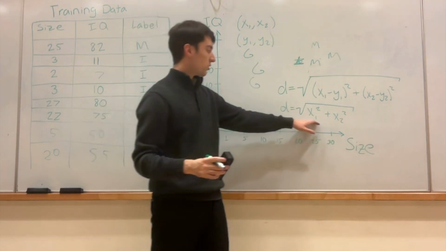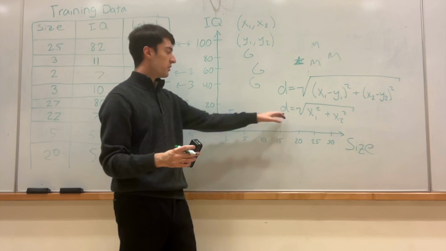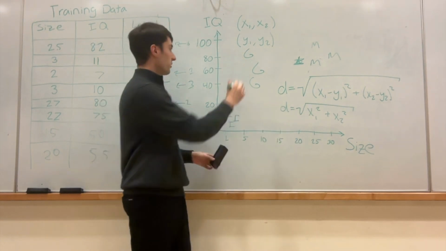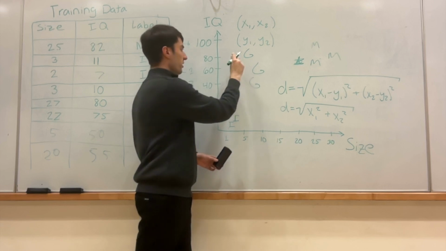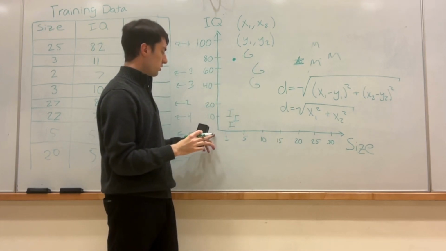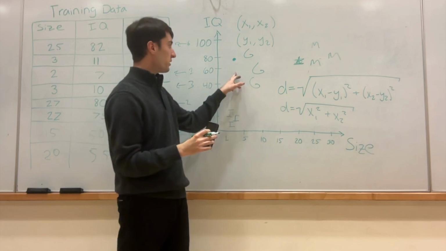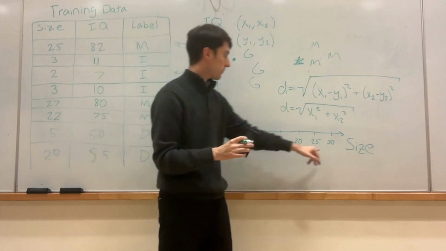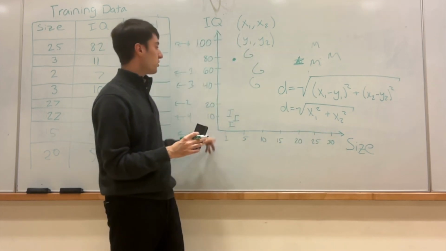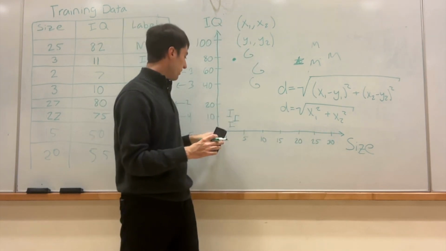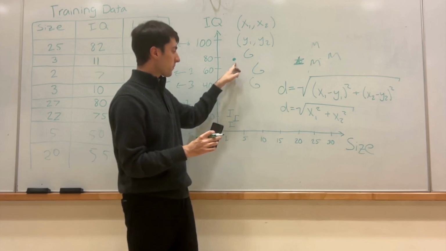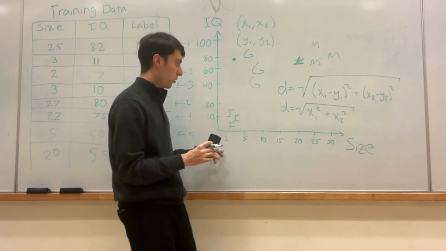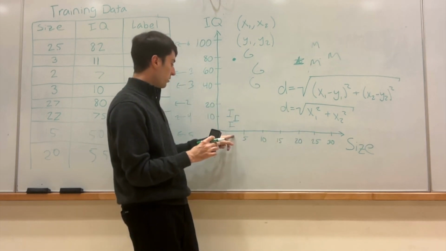All right, so right here, this is the distance between a point and the origin. Let's say we're interested in this point right here. This point has two inputs, size and IQ, right? So it has a specific x1 value. In this case, we're going to say size is the x1. Right now, it looks like that's about 3.